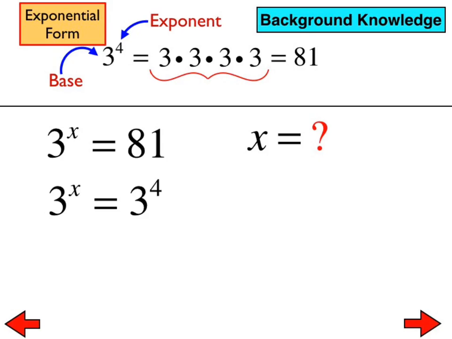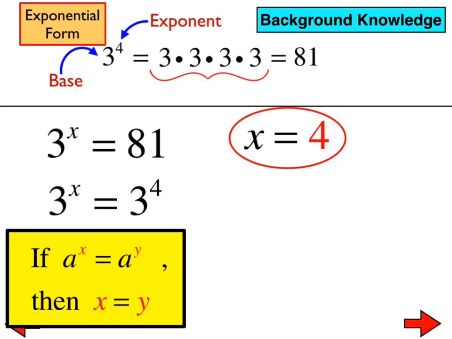And then once we have a like base, what we're really looking at is this part, this part, and this part right there. And we can see from that that x is equal to 4.